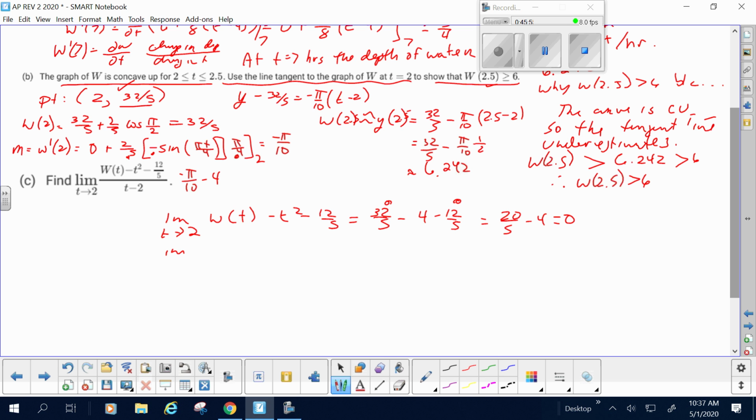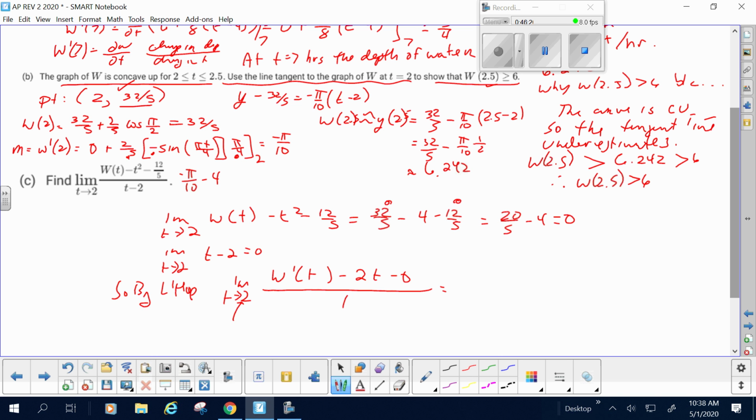The limit in the bottom is obviously 0. So by L'Hopital, the limit is equivalent to the limit of, take the derivative, W prime at t minus 2t over 1. Now W prime at t, as t goes to 2, is W prime at 2.